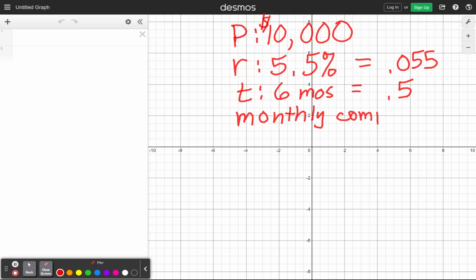So our N will be 12. Okay, so with all of this information, let's start out with our first formula.